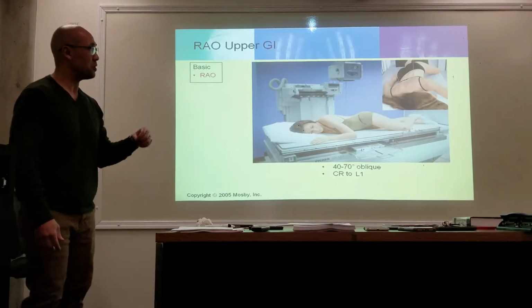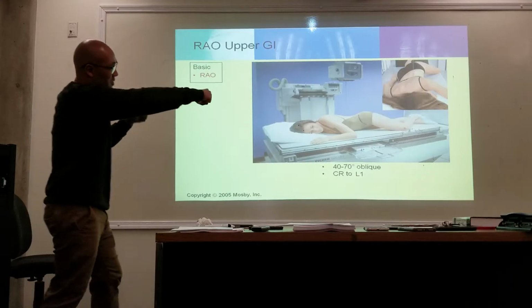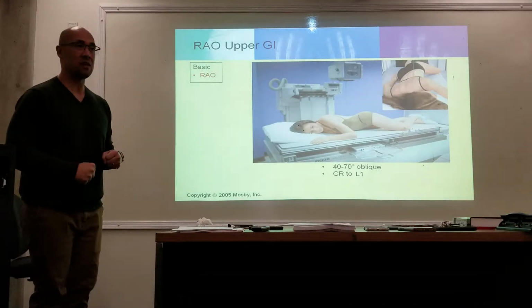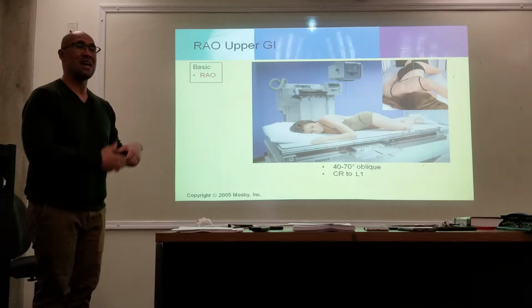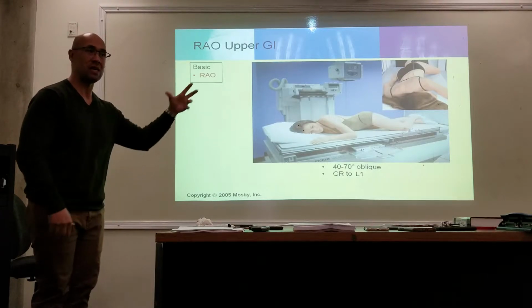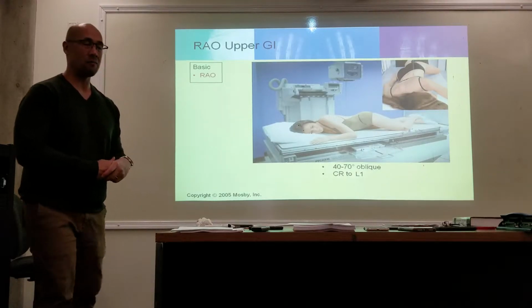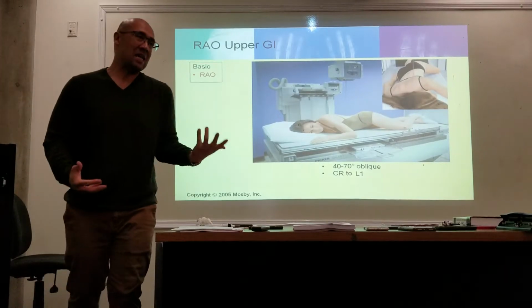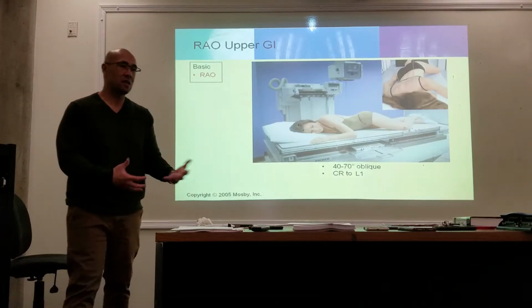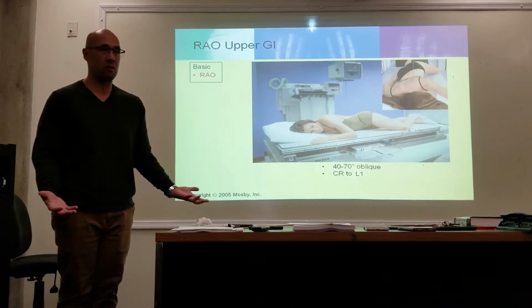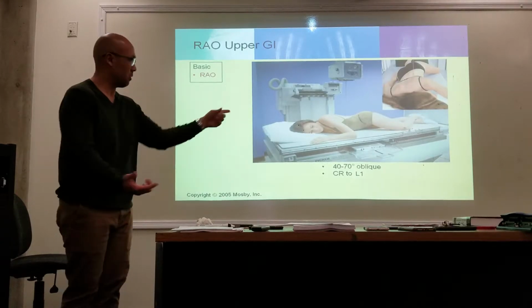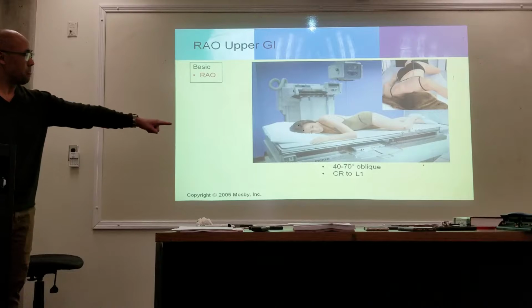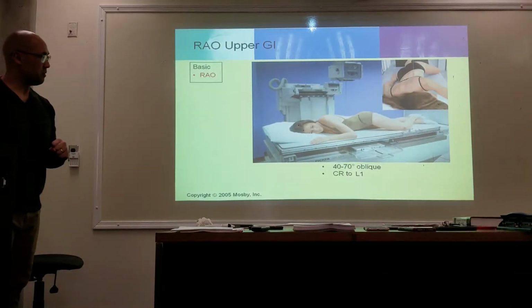So if you were watching closely to where the fluoroscopic unit was in taking images of the stomach, that's where your image receptor should be positioned for the stomach. And if not, if they are asthenic, the stomach is usually at the level of the elbow, kind of like the gallbladder. But we'll cover that here in just a second. So oblique the patient 40 to 70 degrees.